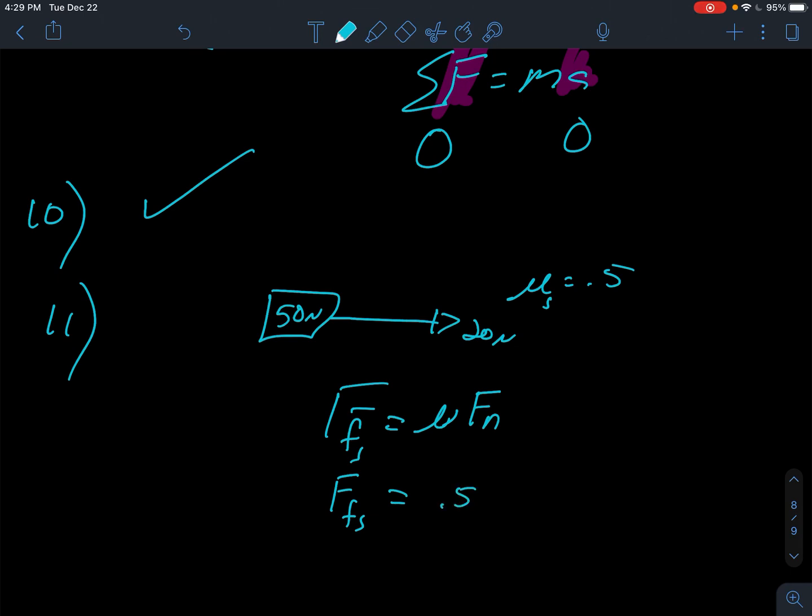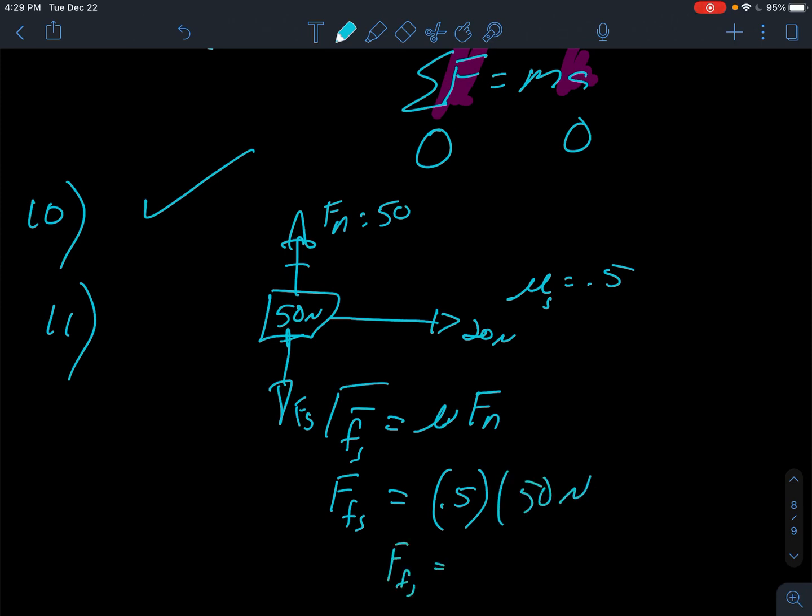Mu is 0.5. We know if it weighs 50 newtons, the force of gravity and normal force are going to be equal, so normal force is 50. And you're going to say force of static friction is 25 to the right. Or I'm sorry, it's moving to the right, so friction's to the left. They want you to say part D, answer choice D.